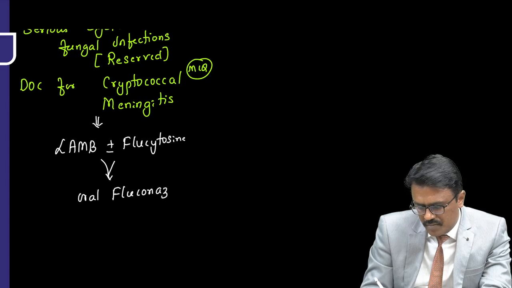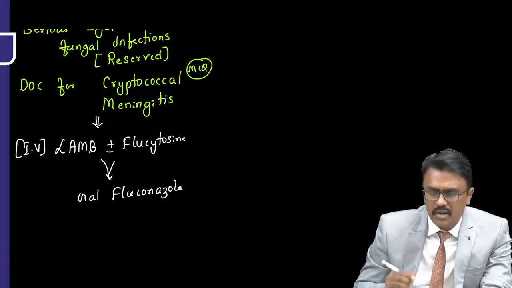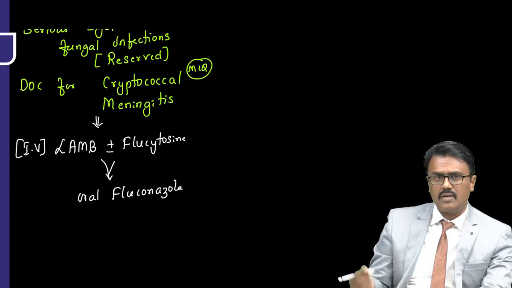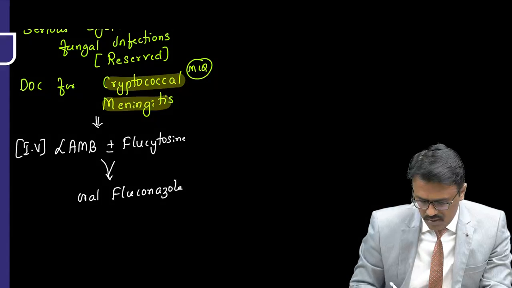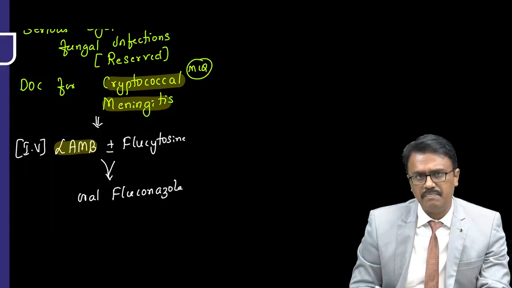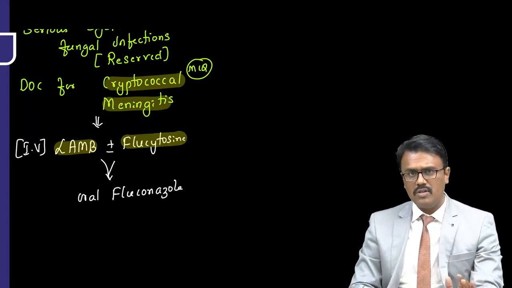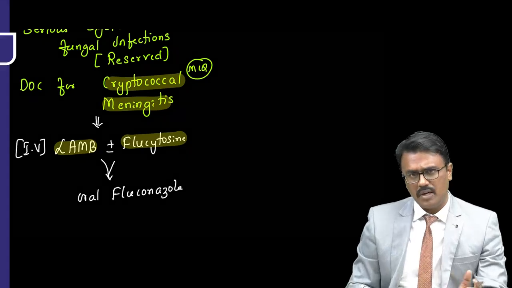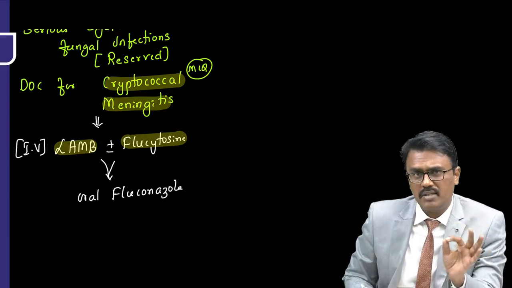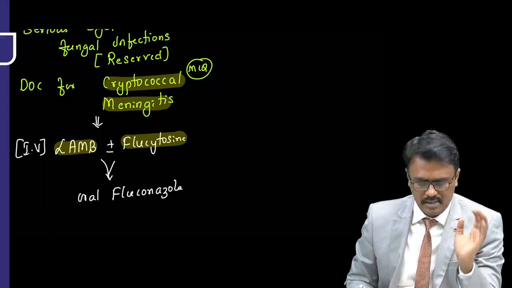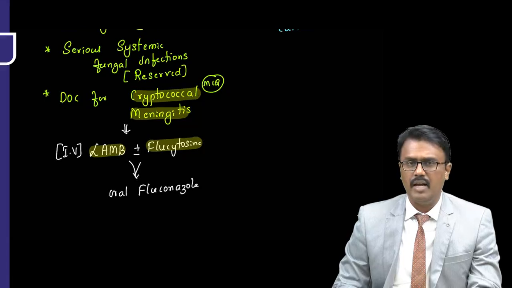Very important. Why are these preferred? Because these are given IV and they work immediately. Fluconazole can work, but it takes a longer time. So in your exam, if cryptococcal meningitis is given, what is the drug of choice? It is liposomal amphotericin B. If flucytosine is also given, you can choose that. Fluconazole is not the drug of choice. It is used for cryptococcal infection, but for meningitis, it is liposomal amphotericin B plus or minus flucytosine. So that is about the drug liposomal amphotericin B.